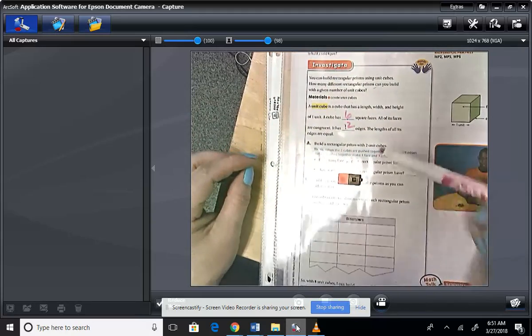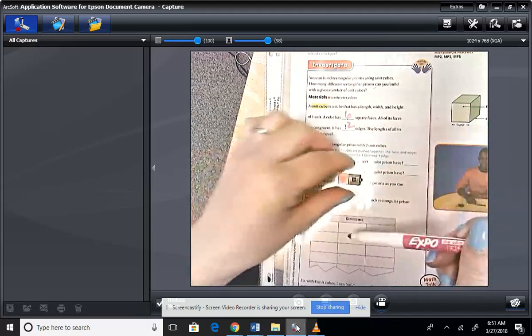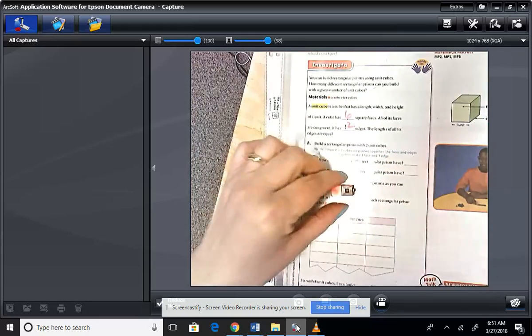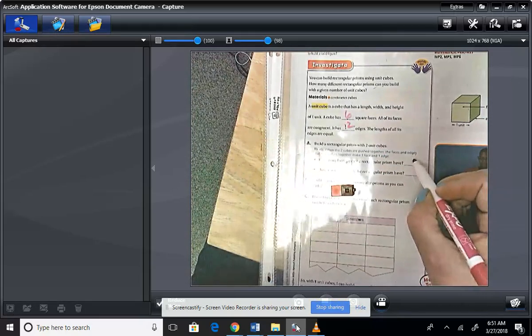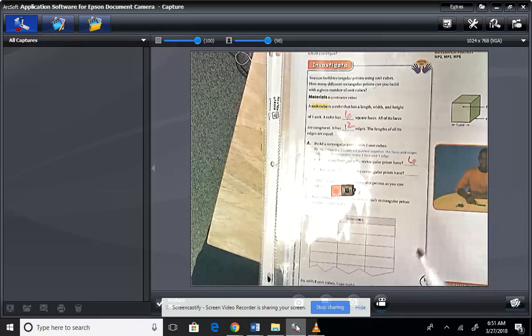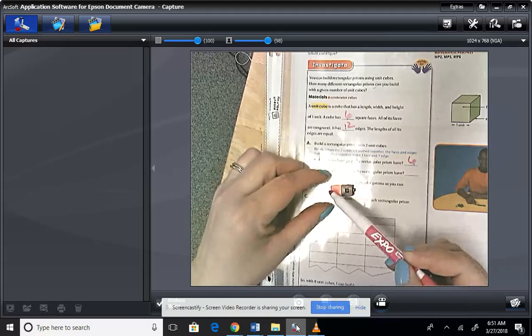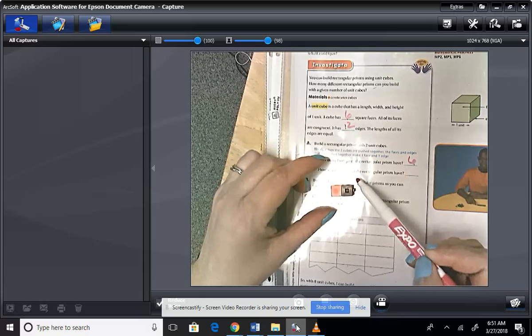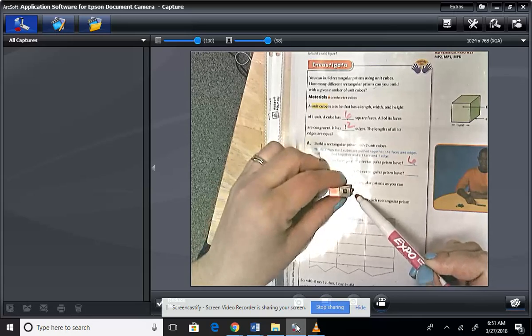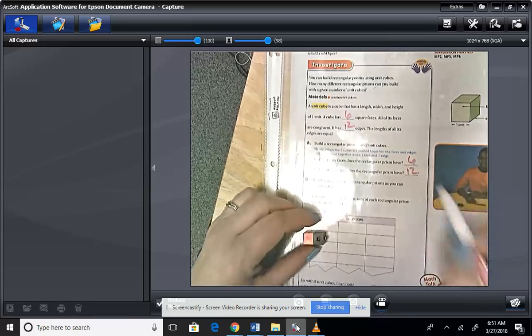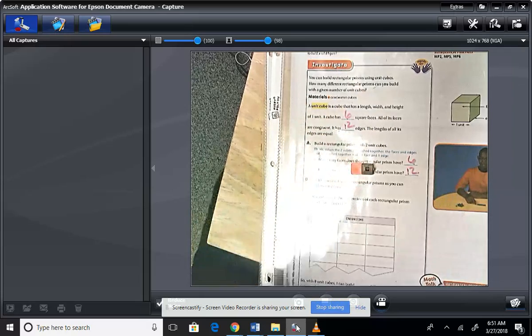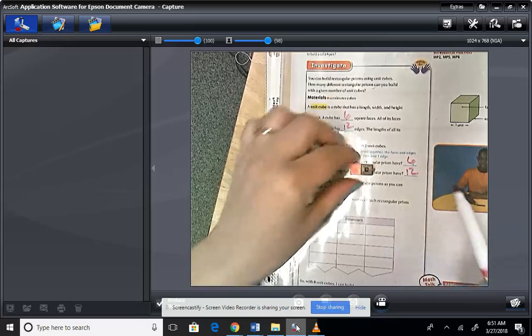So we still have 1, 2, 3, 4, 5, 6. I still have 6. How many edges do I have? 1, 2, 3, 4, 5, 6, 7, 8, 9, 10, 11, 12. So I still have 12, even though I put 2 cubes together.